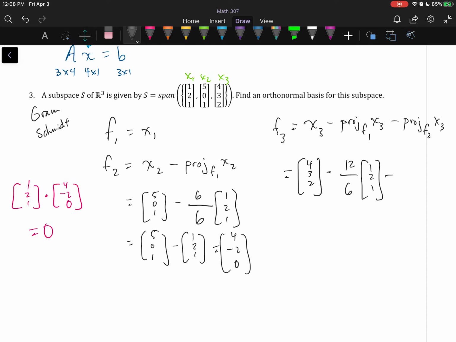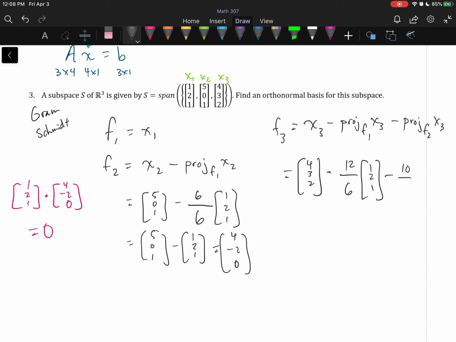And then we're going to subtract off the projection here, taking the dot product between x3 and f2. So, first components here would be 4, so that would be 16, and then we would subtract off 6, so that gives us 10 on top.